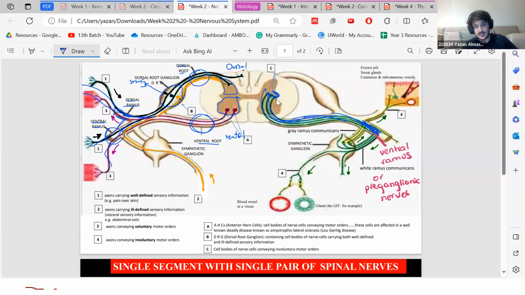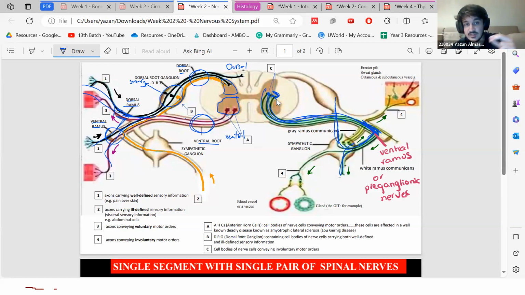And then it's going to go through the white rami communicantes and then go up to a different level or go down. Why does it go up or go down? Because to supply, I think. Yeah, because the sympathetic is called thoracolumbar outflow, right? So it's only present in the thoracic and the lumbar levels.